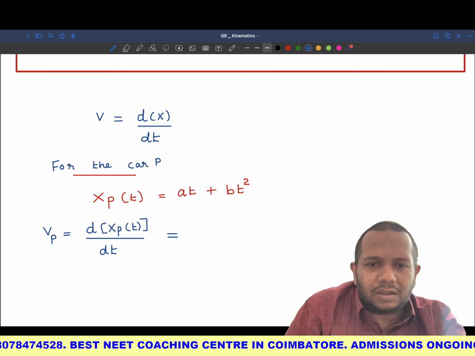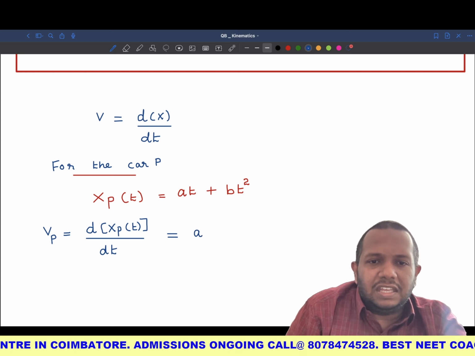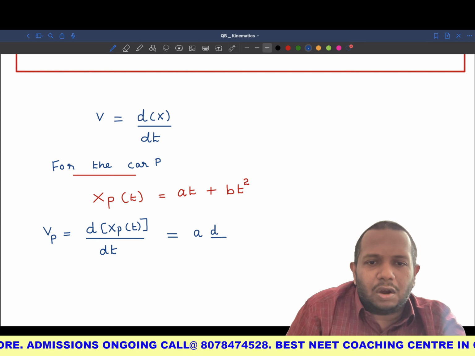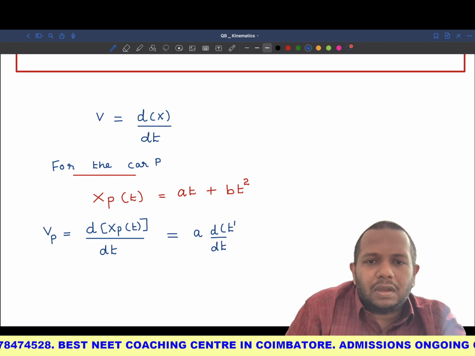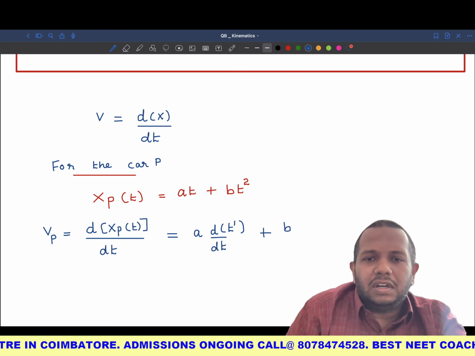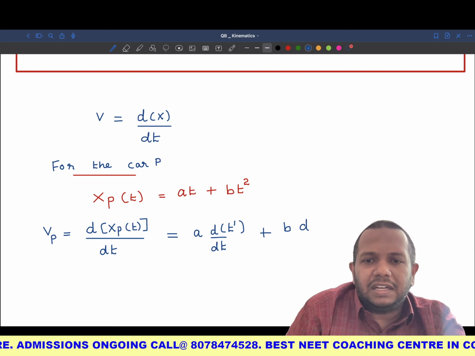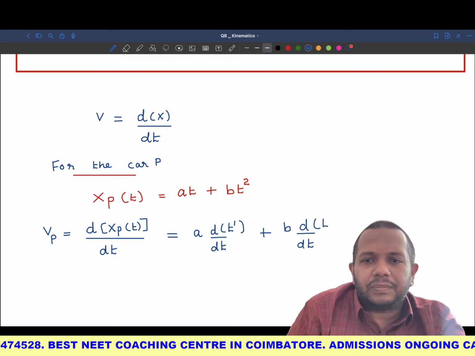So a is a constant, so I can write it outside. Then I am going to differentiate d by dt of t raised to 1, plus b into d by dt of t square.